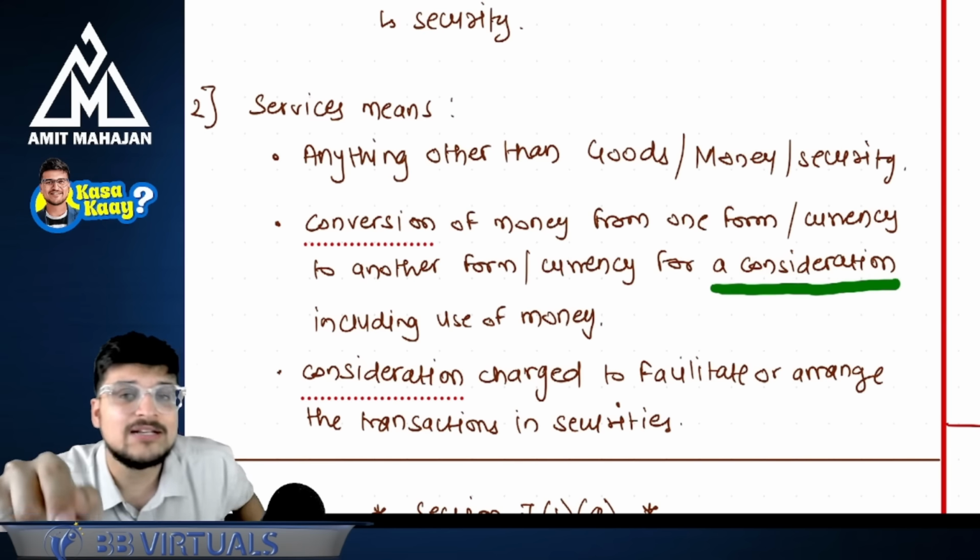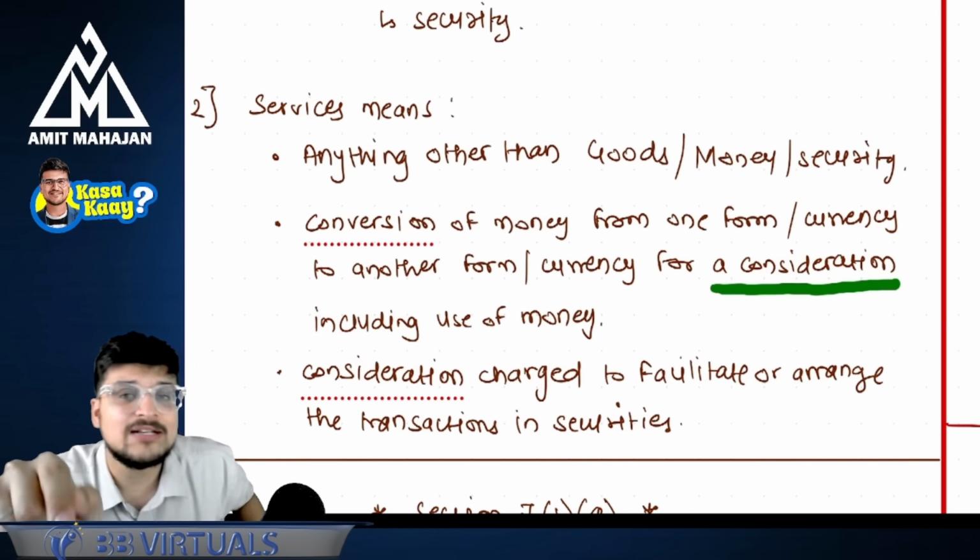So anything other than goods will be considered as services, which should not be money, which should not be security. Basically, money and security have been excluded from the definition of goods also, and have been excluded from the definition of service also.